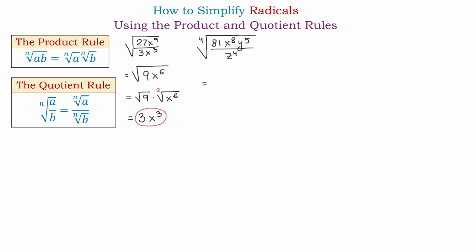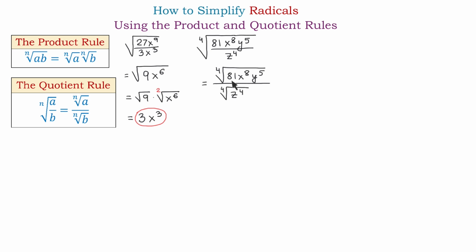We will write this expression as the fourth root of 81 x to the 8th power y to the 5th power over the fourth root of z to the 4th power. So the quotient rule allows us to write the radical of a quotient as a quotient of two radicals. And now we can simplify each of these radicals individually.